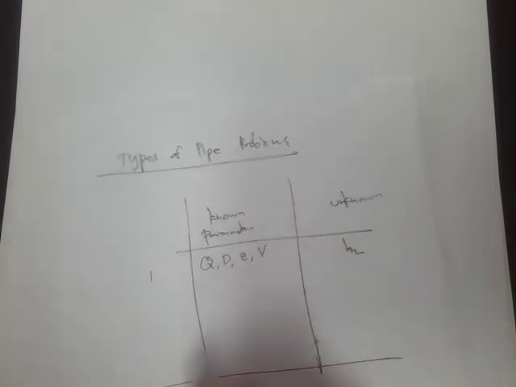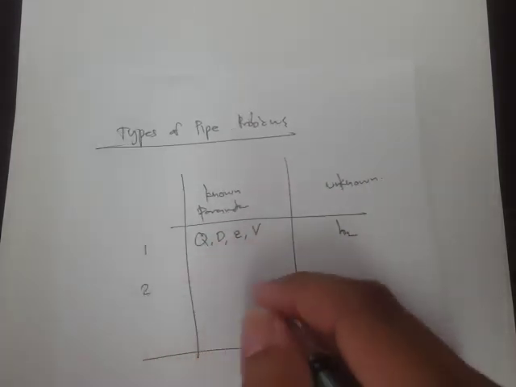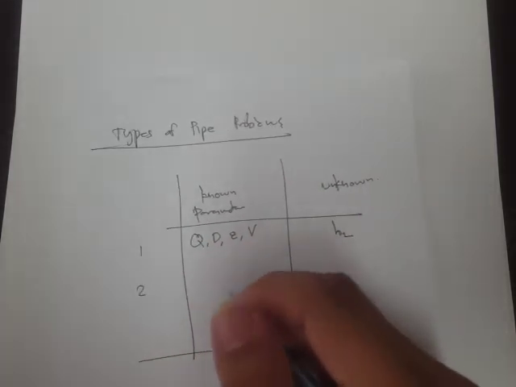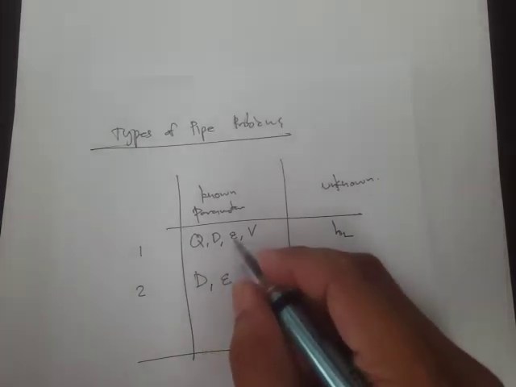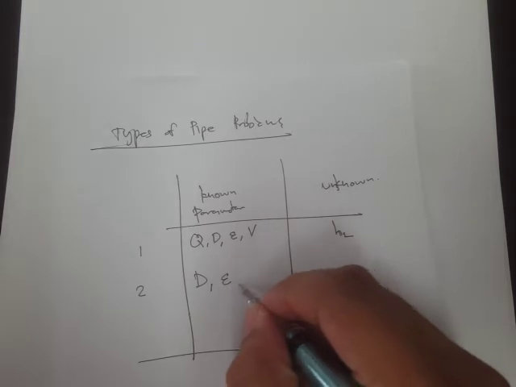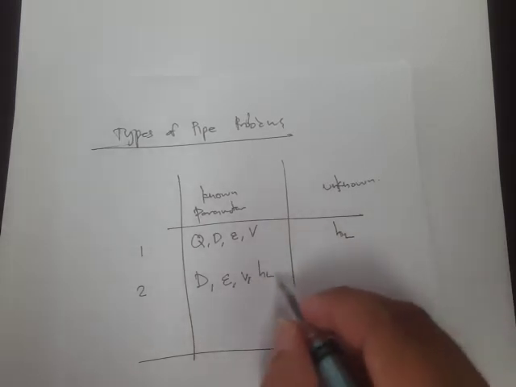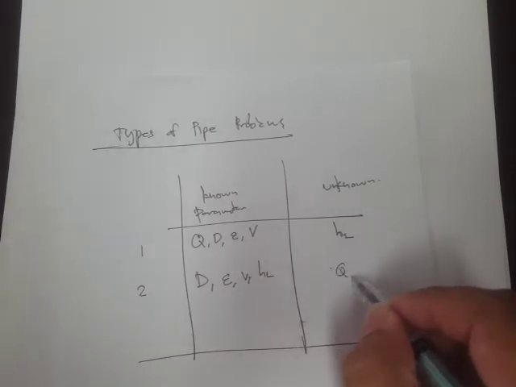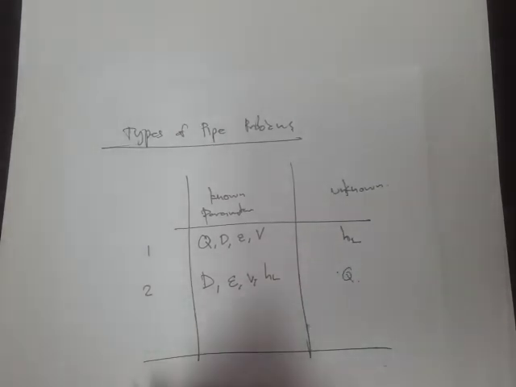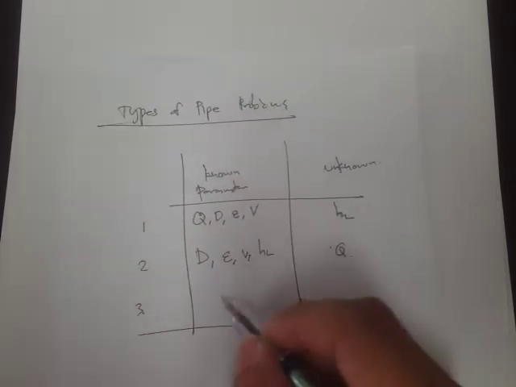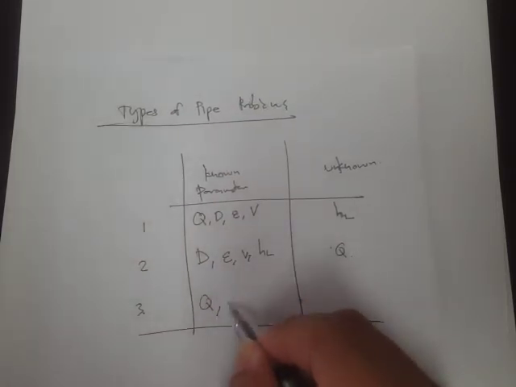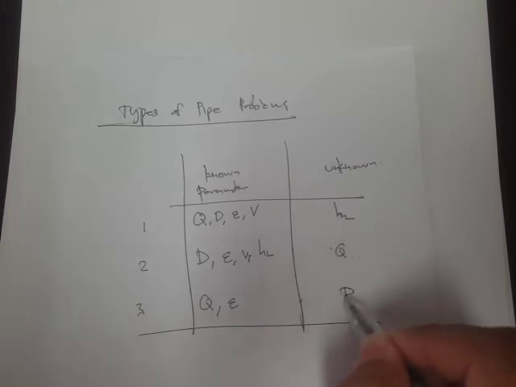Okay, so let's say this is type 1 problem, and for the type 2 problem, we can have the diameter, the surface roughness, the velocity, and the head loss given, and then we are to find the flow rate. And for the third type of problem, given the flow rate, we solve for the diameter.